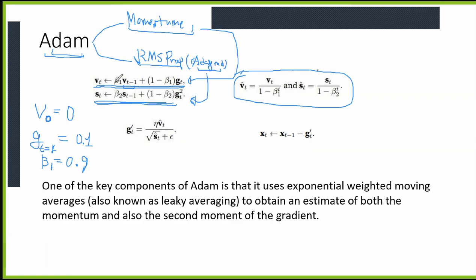Then this V_t is going to be used to update the weights. Okay, so at time point t equals 1, the true gradient is 0.1.